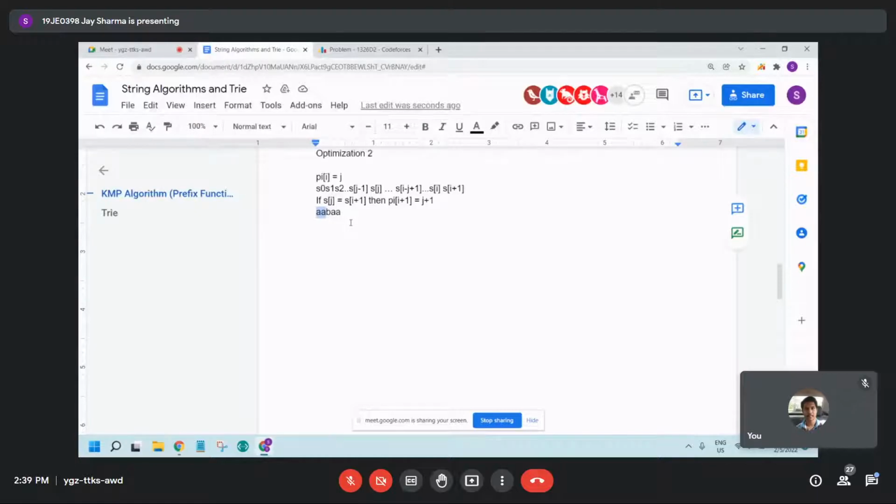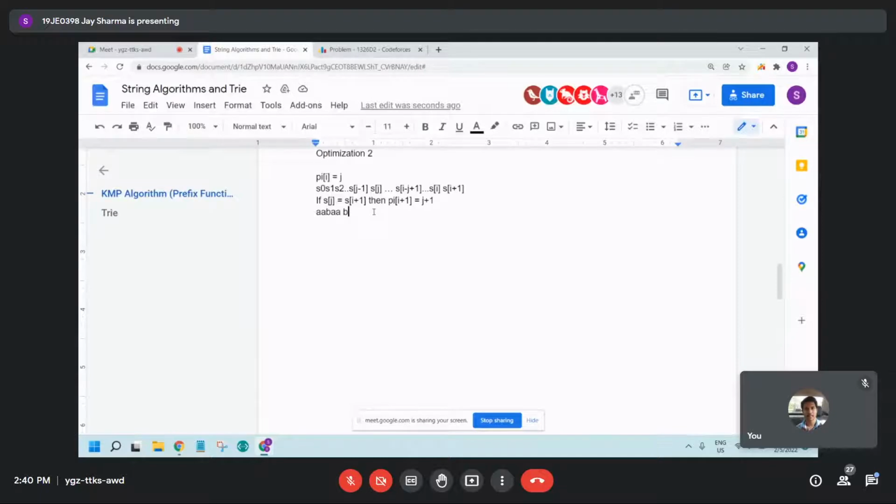Now, if you want to find a smaller prefix which is also a suffix of this, then this single A which is there also satisfies this property. Okay. Now, suppose the next character that you have to add here is B. Okay.